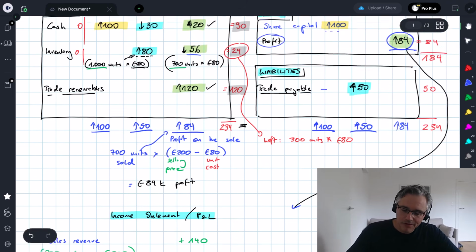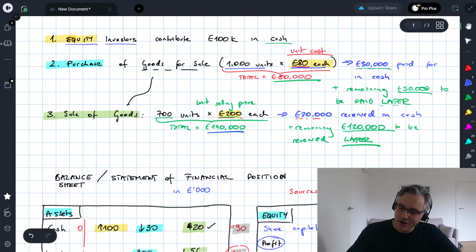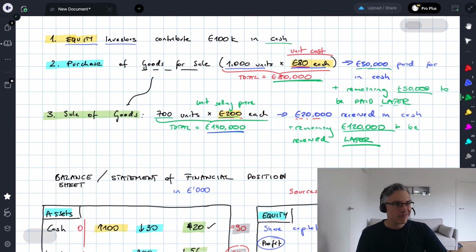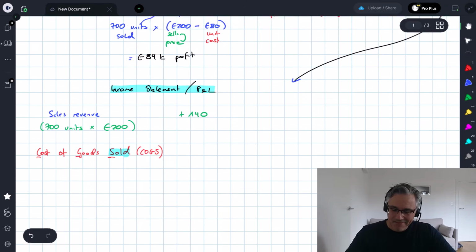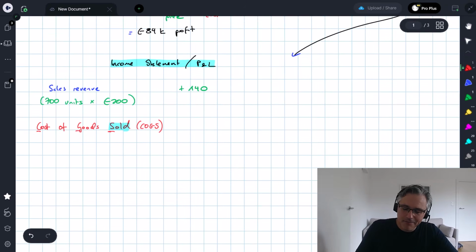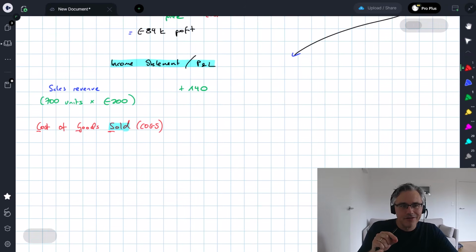Even though we made a purchase whose total value was 80,000, because we bought 1,000 units initially, for which we didn't really totally pay yet, here what's going to matter is the cost of those units that were actually sold.